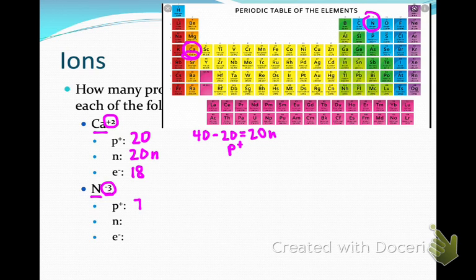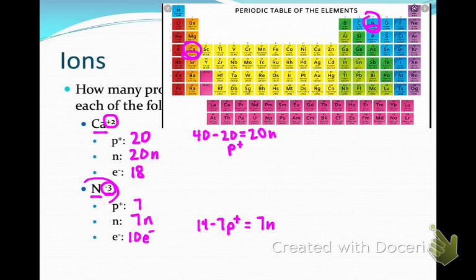So 7 protons plus 3 extra electrons would give me 10 electrons. And then to find my number of neutrons, I would look at my atomic mass, which is 14, minus my number of protons, and that gives me 7 neutrons as well.